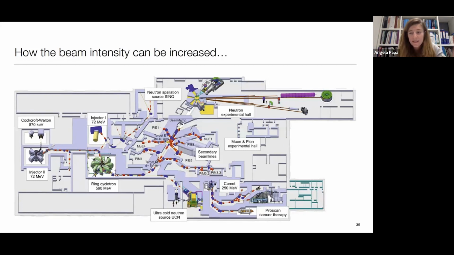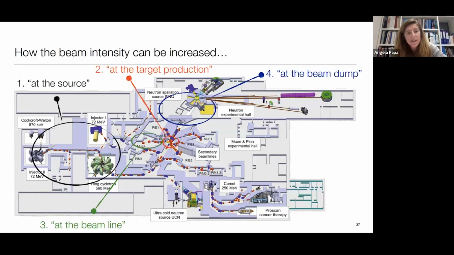Looking at what we have in our experimental area, we can think of increasing the beam intensity, either by increasing the power of the machine at the source, or by looking at a different target, optimizing the beamline, or finally the beam time.